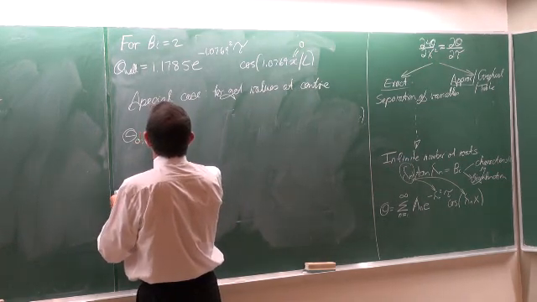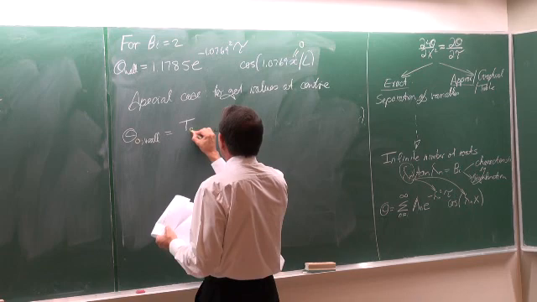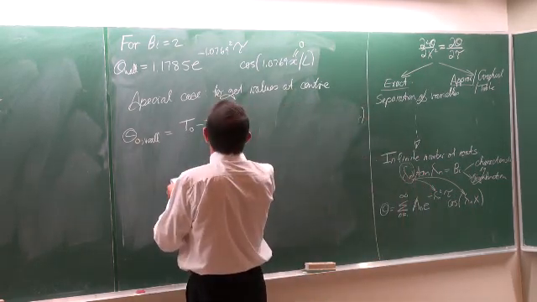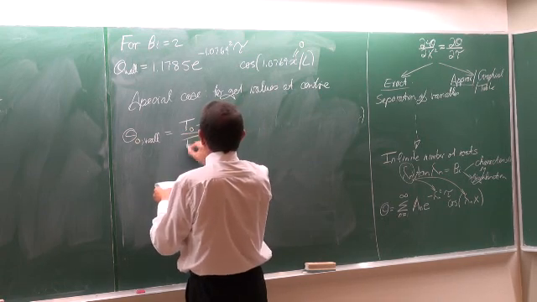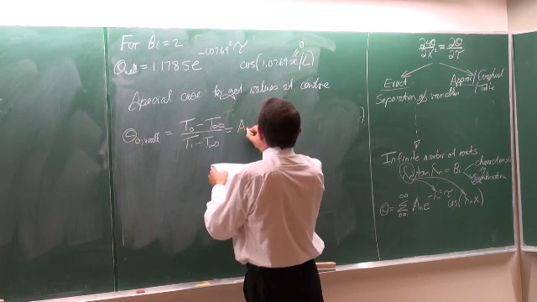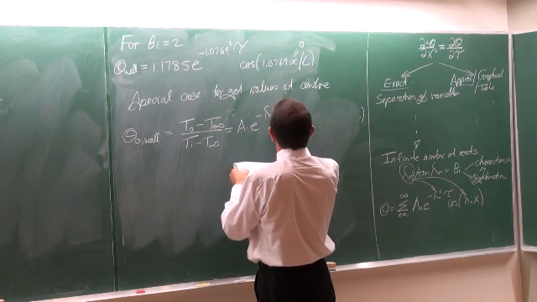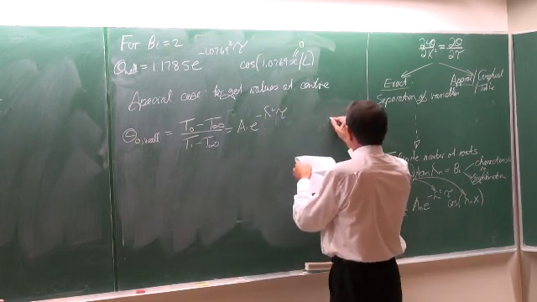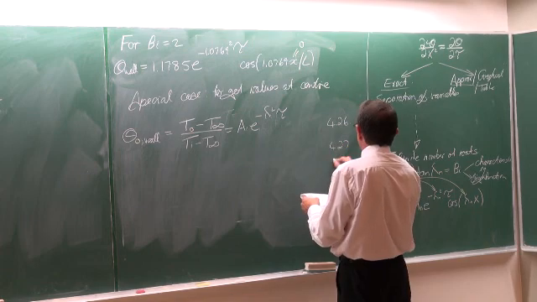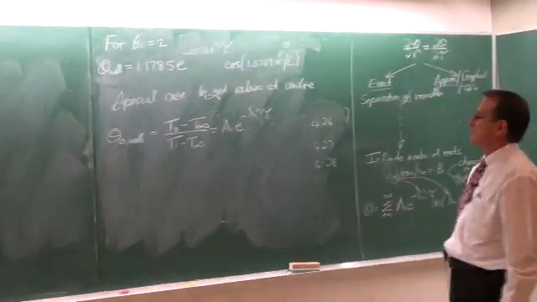For a wall, theta 0 is equal to the temperature at the center minus T infinity divided by Ti minus T infinity, which is equal to A1 e to the minus lambda 1 squared multiplied by tau. And that is equation 4.26. 4.27 is for the cylinder, and equation 4.28 is for the sphere.